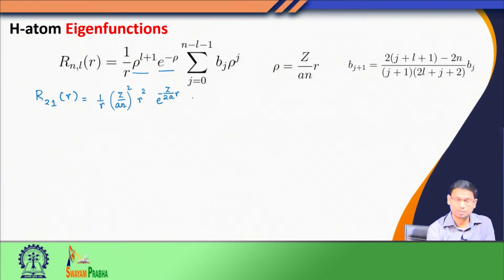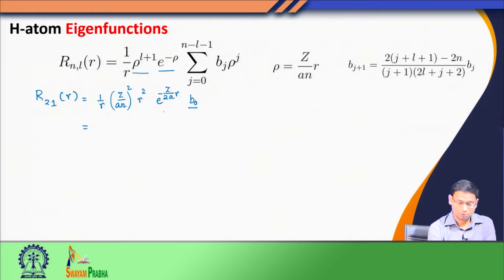Now, we would look at the main body solution of the eigenfunction, which is given by the power series expansion. Here, j goes from 0 to n minus L minus 1. Since n is 2 and L is 1, 2 minus 1 minus 1 is 0. So, I am left with only one term in this series expansion, and that term is B 0, which is a constant.